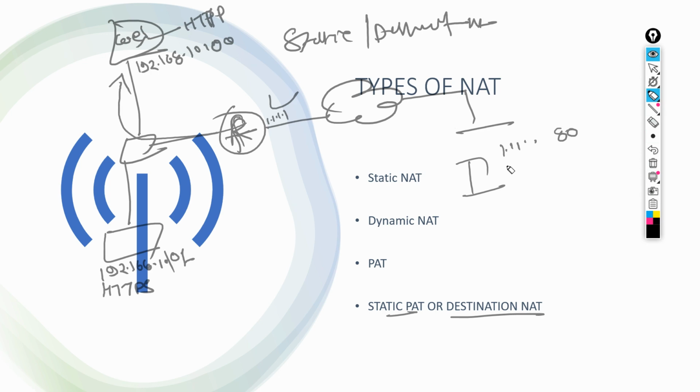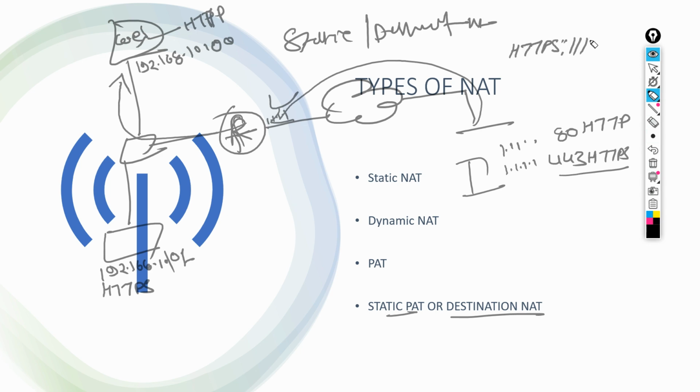At the same time, whenever someone hits 1.1.1.1 with port number 443, like https://, and your website or public address, you can directly redirect this request to the second web server. Like this we can use static NAT, a destination port NAT.